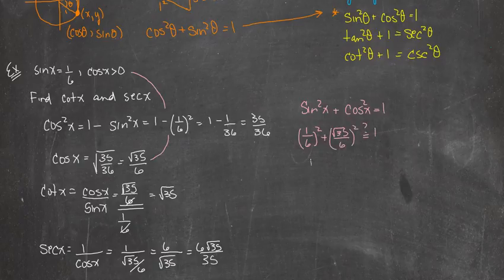I don't know. Let's see. 1 over 36 plus 35 over 36 equals 1. Well, 35 plus 1 is 36 over 36 equals 1. Done. That's correct. So I know my work at this stage is correct.